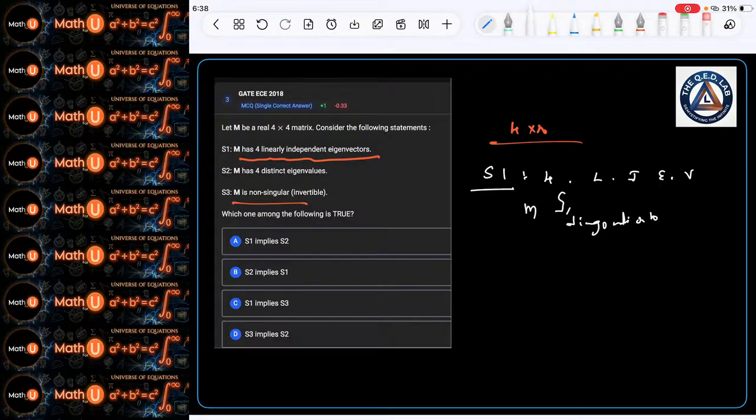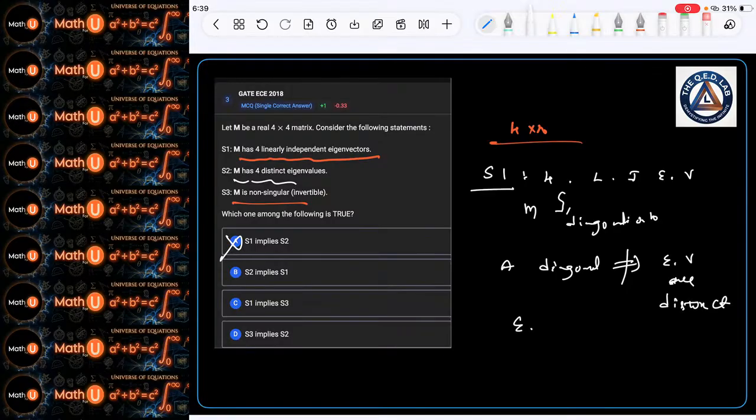They may be the same also. We cannot say S1 implies S2. No, we cannot say that. Always remember, if matrix A is diagonalizable, that does not imply the eigenvalues are distinct.